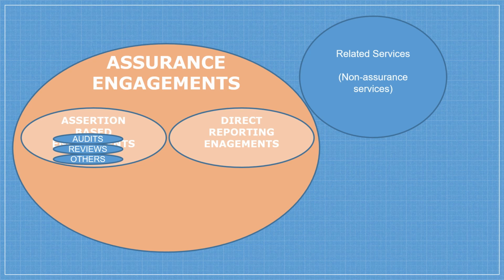Notice that they exist very closely to assurance engagements, but somehow they just couldn't enter the assurance universe. And in Filipino, this is what we call yung mga ipinagtagpo ngunit hindi itinatadhana. These related services or non-assurance services cannot enter the assurance universe because they have failed to meet at least one of the five elements.